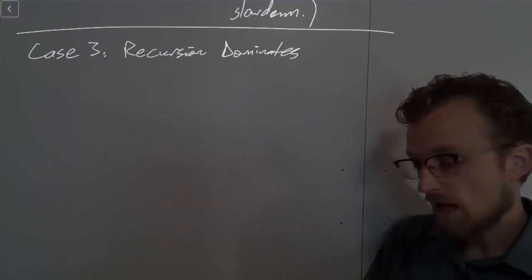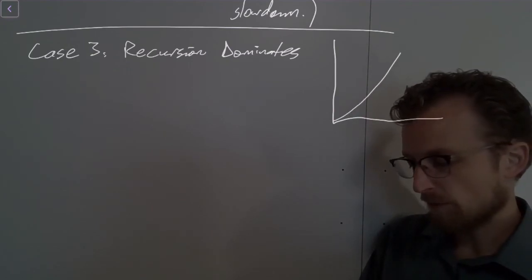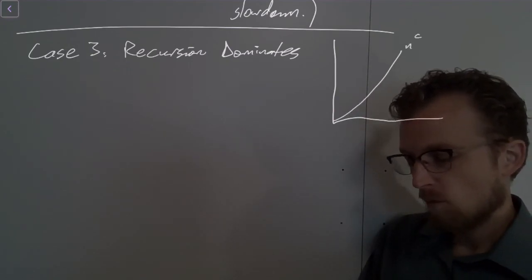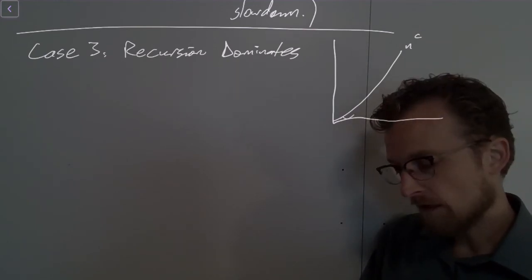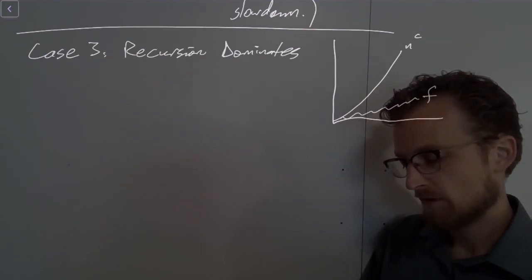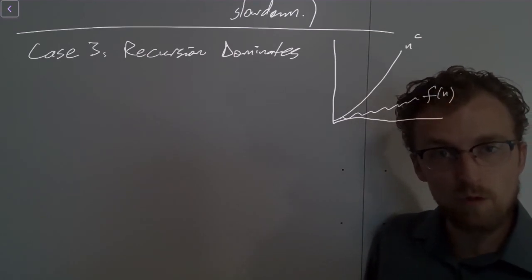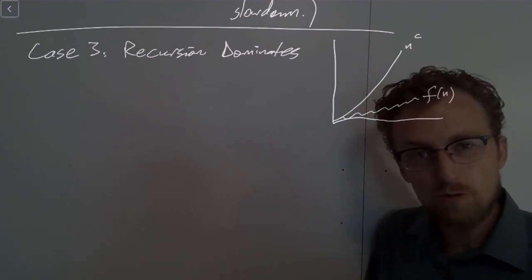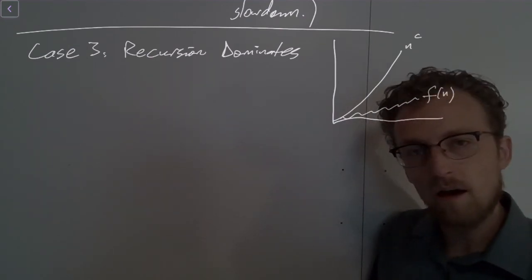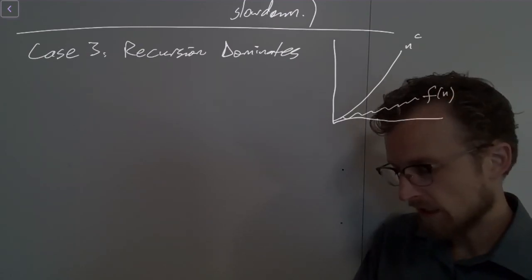And here, what do we say? Well, if we were to plot out these functions, and here's n to the c, the recursion dominates means that f of n is somewhere down here. So f of n grows strictly more slowly, or the overhead term runs strictly faster than an algorithm with complexity n to the c.